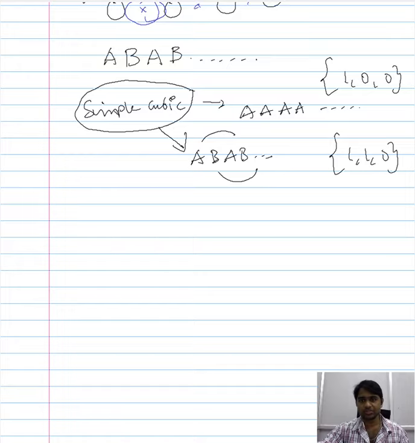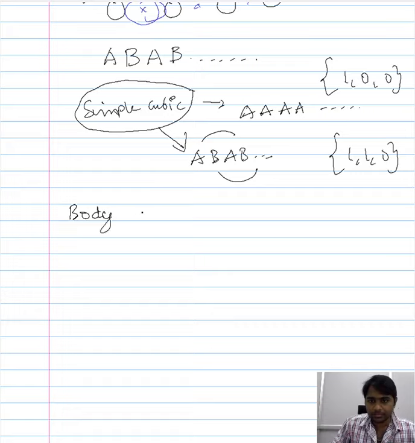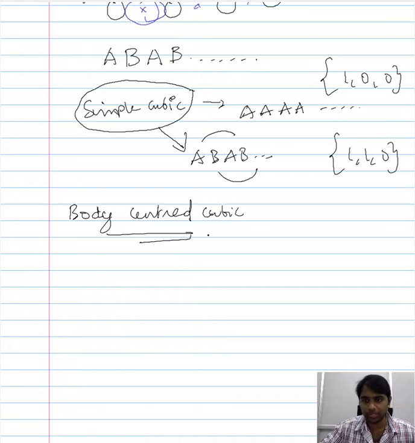You might already be familiar with these things, so let this be a brush up of whatever understanding you have of the different crystal structures. The crystal structure that we will be focusing on is the body centered cubic crystal. So the BCC crystal structure is what we will be looking into now.